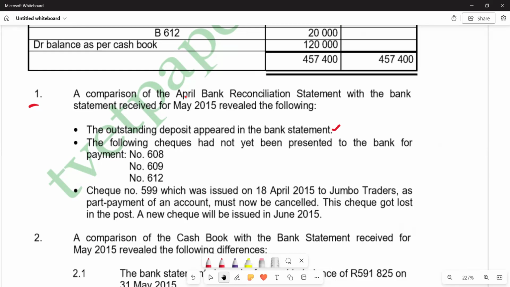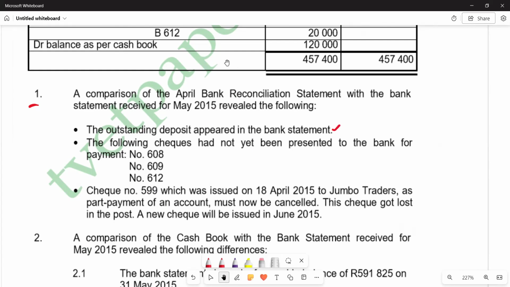So in that case, if it is appearing on the recent bank statement, we are not going to make any adjustments, which means that is what we wanted it to be. The appearance on the recent bank statement is the correct procedure that we want. So we are not going to make any adjustments.